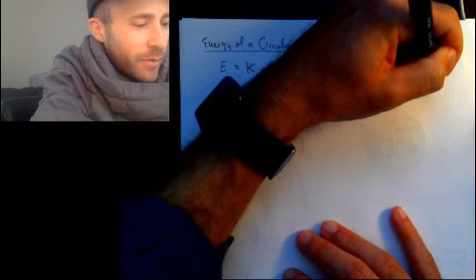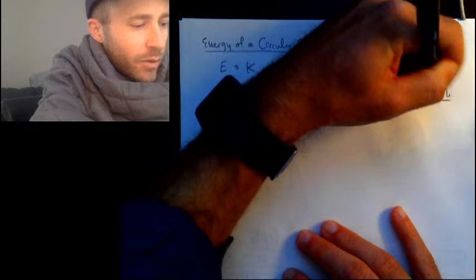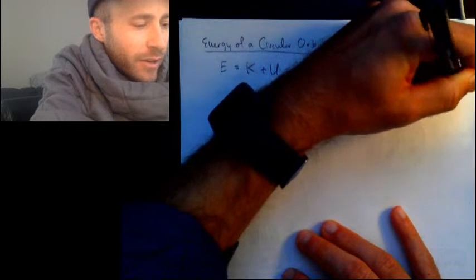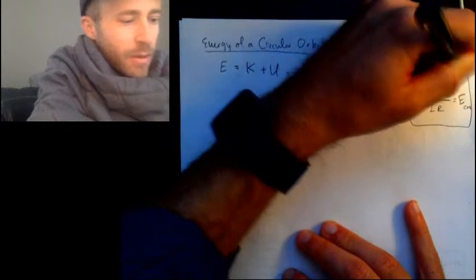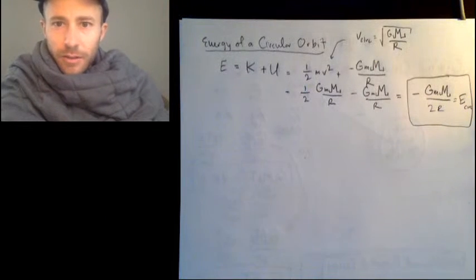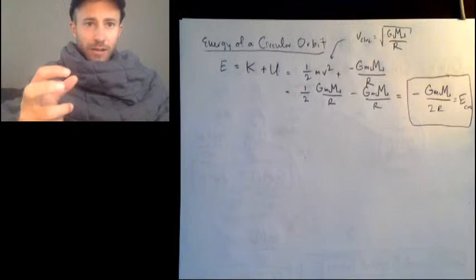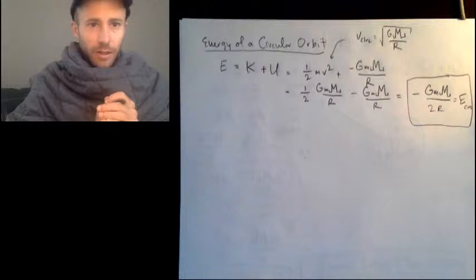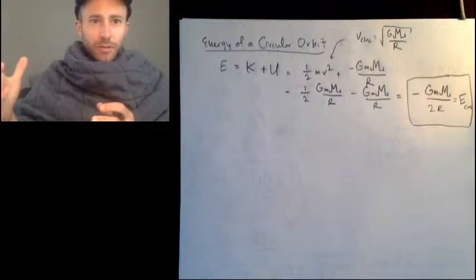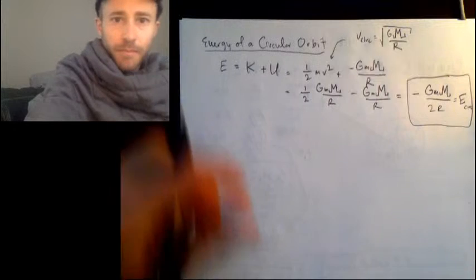So we have negative G little m big M over 2R as the energy of a circular orbit. So the energy is negative because it's indicating that the planet is bound to the star. So negative energies mean bound. 0 or positive energies mean free to escape and go away.